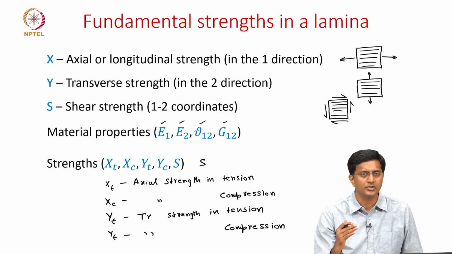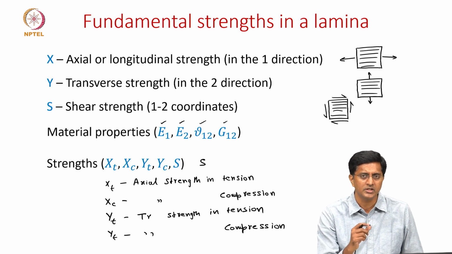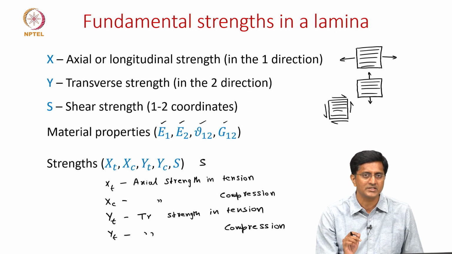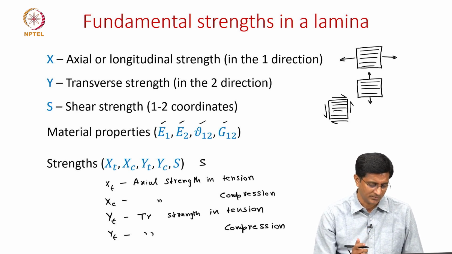But of course, later you will see, or if you refer to any standard book, you will see this is not the same if you are loading in an off-axis direction, meaning at an orientation. There, whether you are applying a positive shear or a negative shear matters, but if you are applying it in the material coordinates, it doesn't matter.